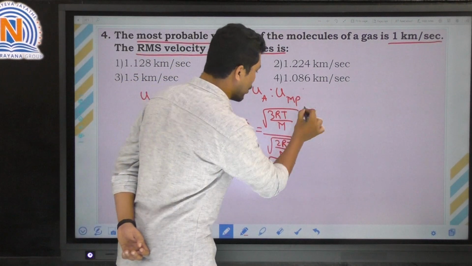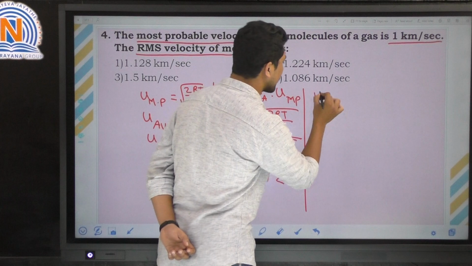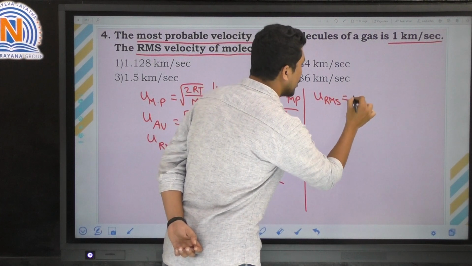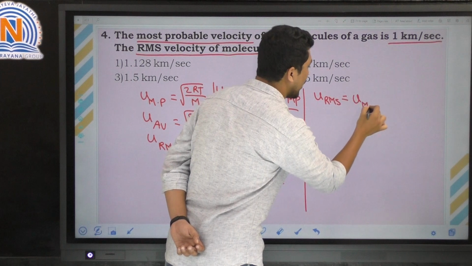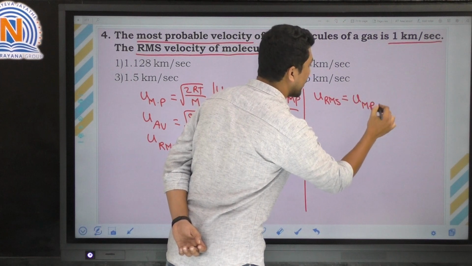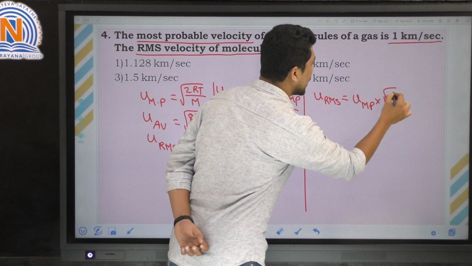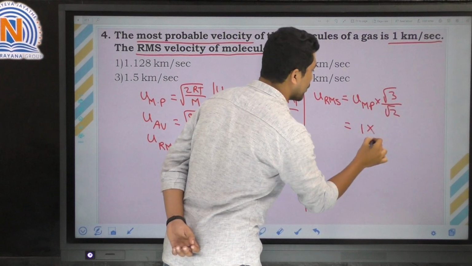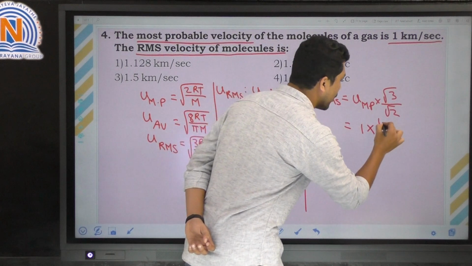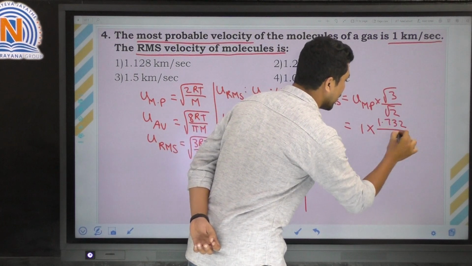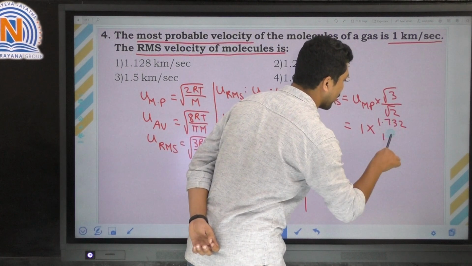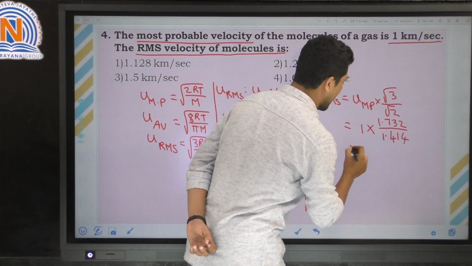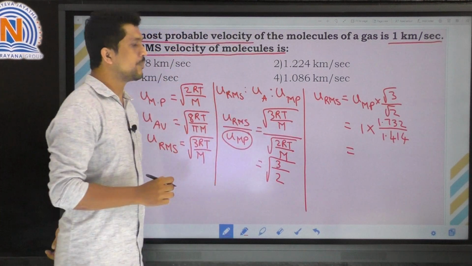Then URMS equals the most probable velocity UMP into root 3 by root 2. So that is 1 into root 3 value 1.732 by 1.414. Clear?